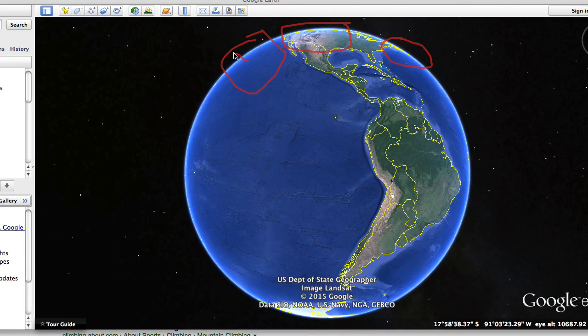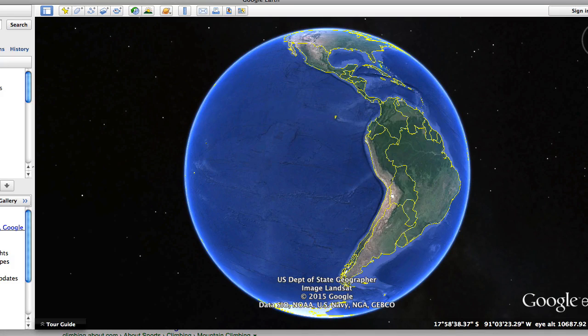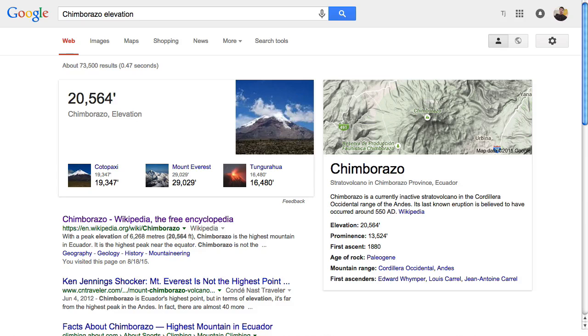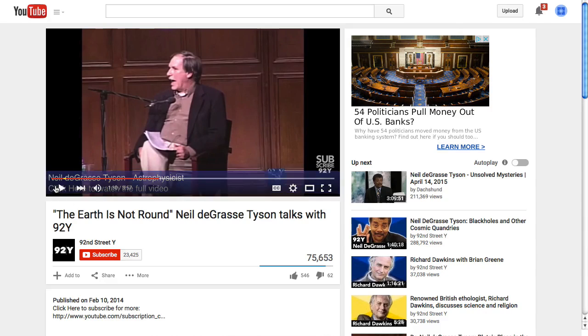Even though this is 29,000 feet in elevation and this is 20,000 feet in elevation, because this curve is higher, this automatically becomes the highest point, not this, just because of that bulge. Even though this is 9,000 feet higher than that one. So this is the trick that they are playing on us, and we will just continue to listen.